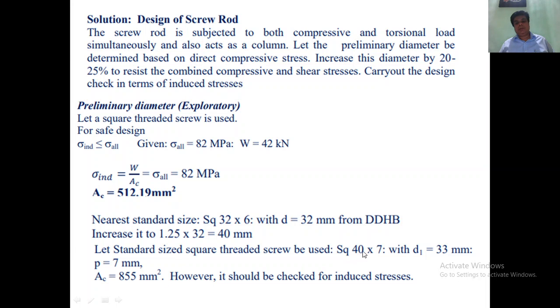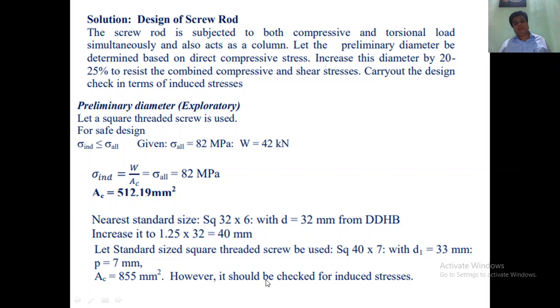For this diameter, we calculate the area and get 855 millimeter square. Actually we require an area of 512 millimeter square, but we increase the cross-sectional area of the screw thread by increasing the diameter by 25%. So the area increases to 855 millimeter square.